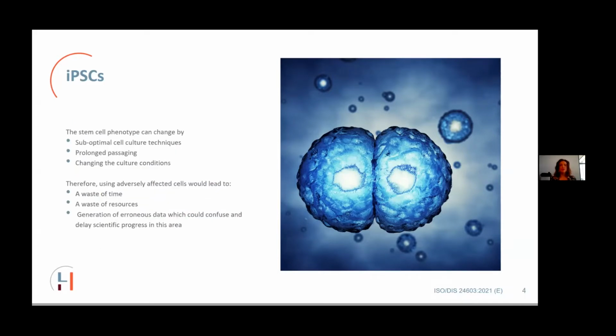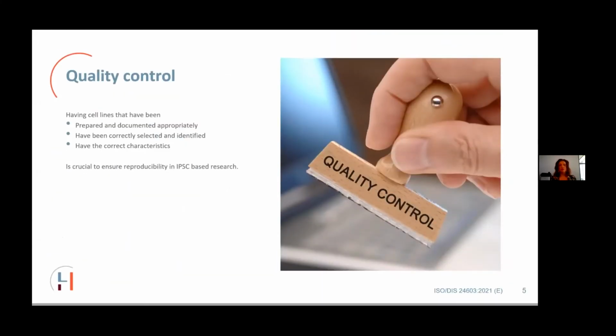However, the stem cell phenotype can change by bad cell culture techniques, prolonged passaging, or changing the culture conditions, and therefore using bad cells would lead to a waste of time, a waste of resources, and to the generation of erroneous data which could confuse and delay the scientific progress in this area.